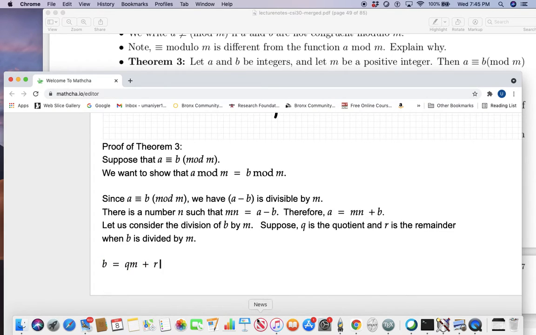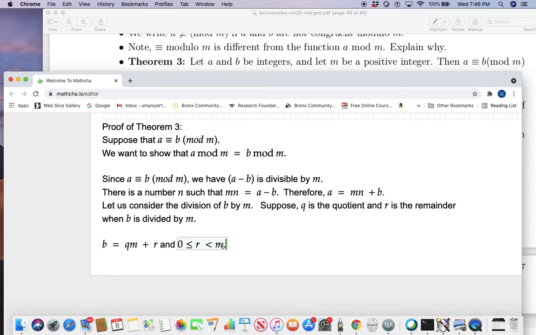Okay, and most importantly, r is between 0 and the divisor m. Okay, so at this point, you recall here a equals mn plus b.